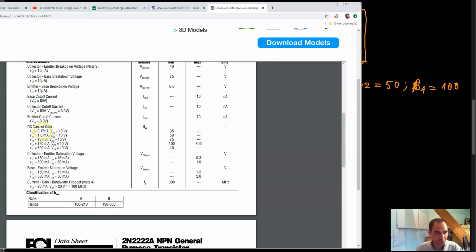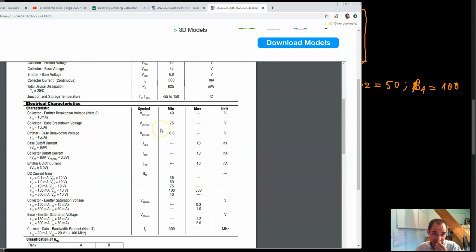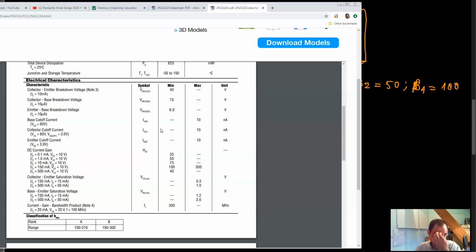So for example, you see that for I of C equal to 0.1 milliamp and V of C equal to 10 volts, the beta of the transistor becomes 35. Meaning that if you have 100 milliamp of collector current and the voltage across collector and emitter is 10 volts, then your beta is 35.